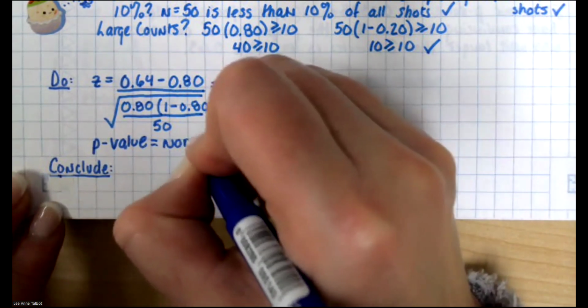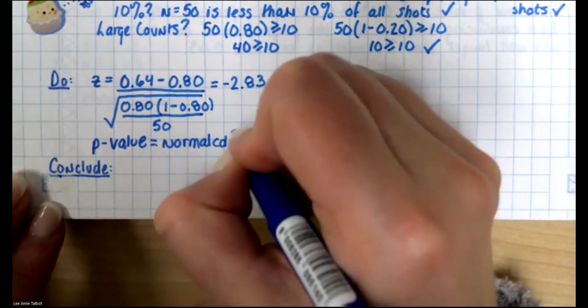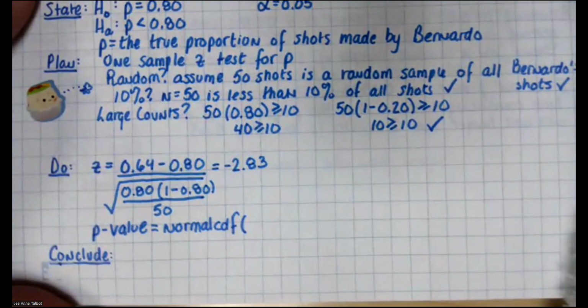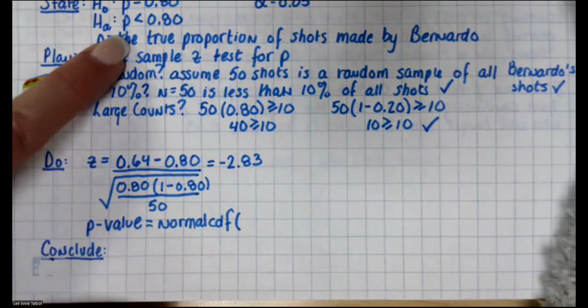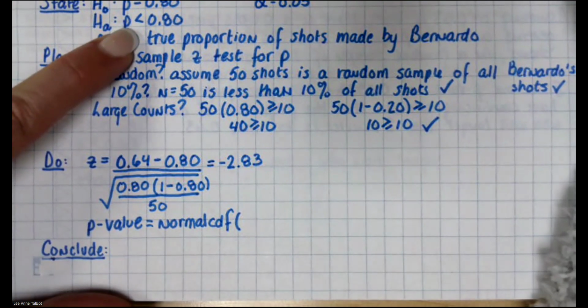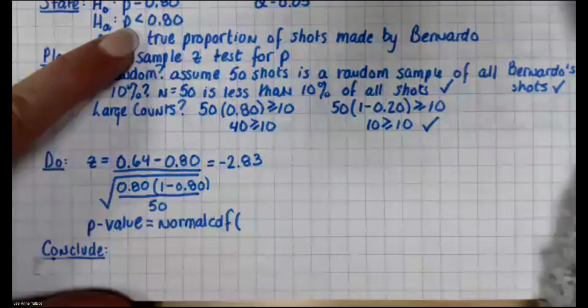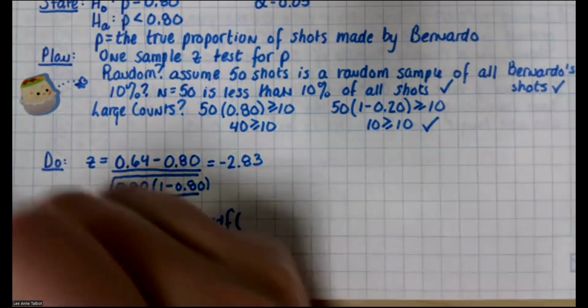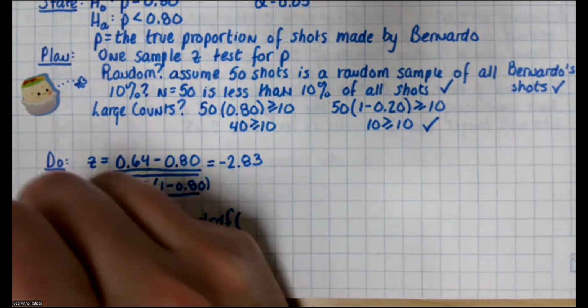equals normal CDF. Okay. So this arrow is pointing less than, and this is super, super negative. I'm going to draw you guys a teeny tiny baby picture.